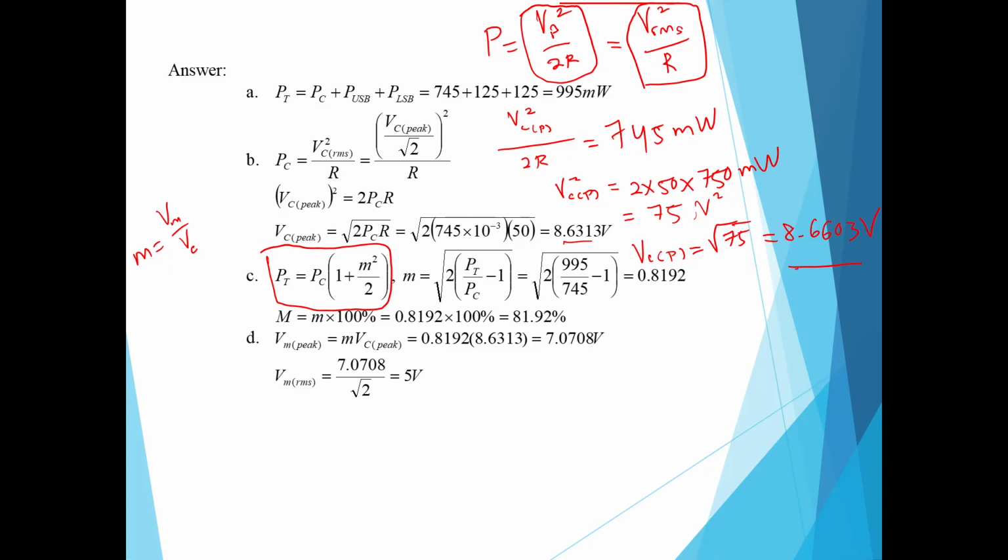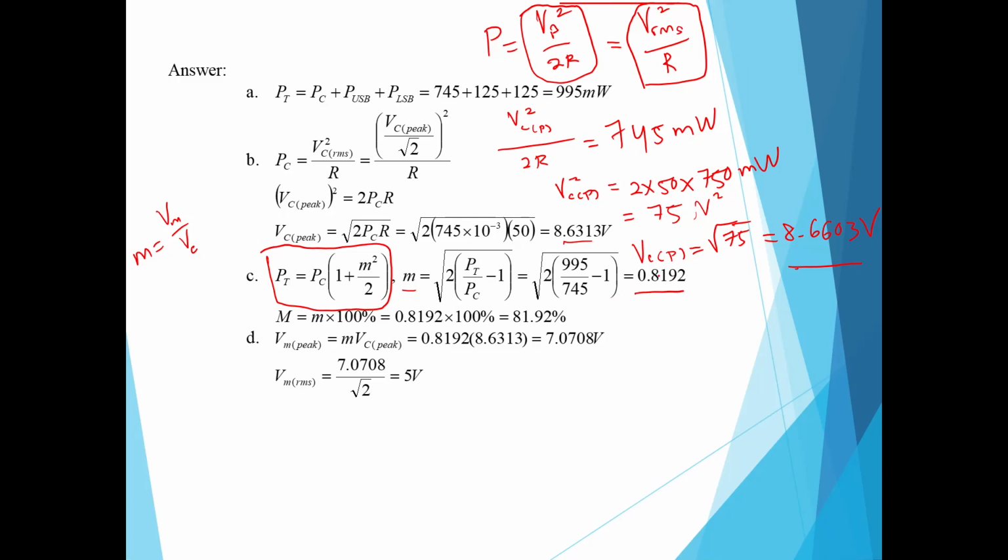From these equations, we can rearrange the equation, and then we get M equal to the square root of 2 times (PT over PC minus 1). So we just put in the values, 995 divided by 745. Both are in milli, so we can cancel out the milli. So 995 divided by 745 minus 1, multiplied by 2, and then we take the square root.